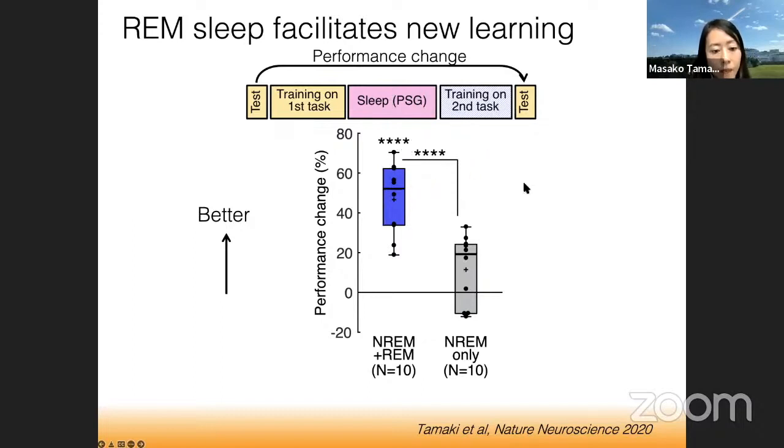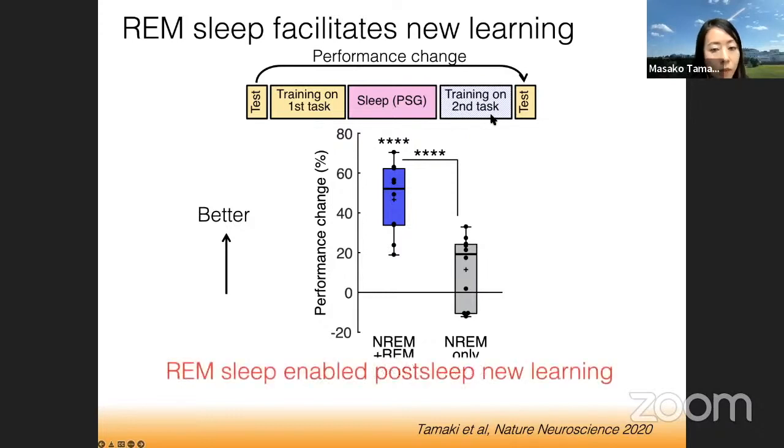However, when there was no REM sleep, there was no significant improvement even after training on the new task. So this shows that REM sleep not only stabilized old learning that occurred before sleep, but also enabled post-sleep new learning.